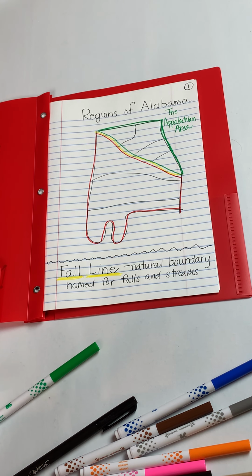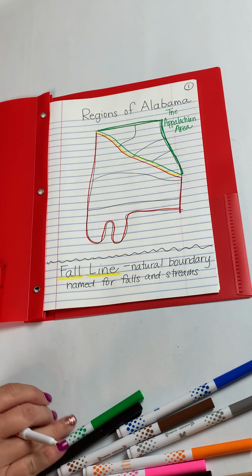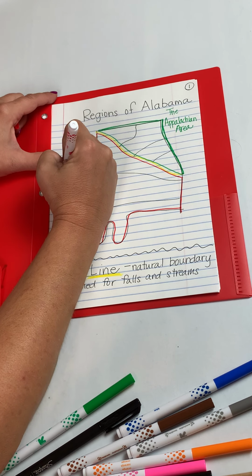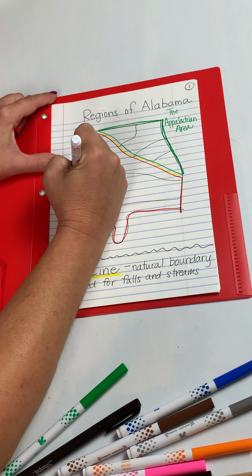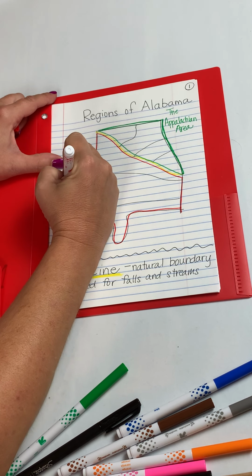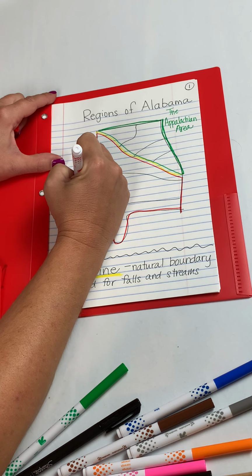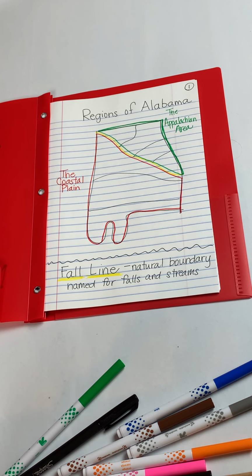So everything that is outlined in red is called the coastal plain. All right, the coastal plain.